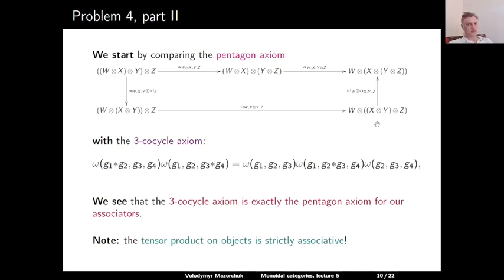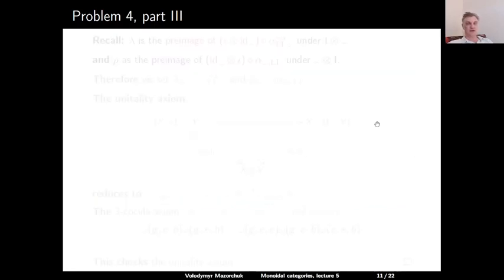So everything with associators is okay, and we need to define the left and the right unitors. Recall from our general theory that the left unitor is defined using the map I from the definition of the monoidal category as the preimage under tensoring with the identity object of the morphism I tensor the identity after the associator alpha, I, something, inverse.